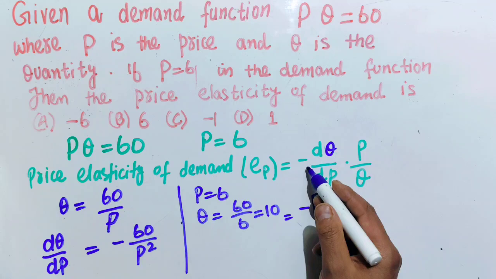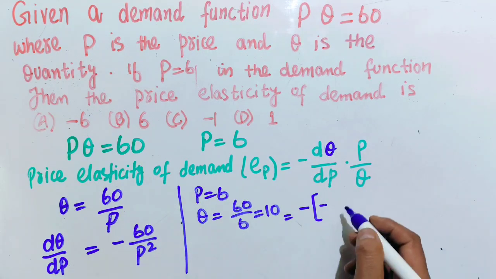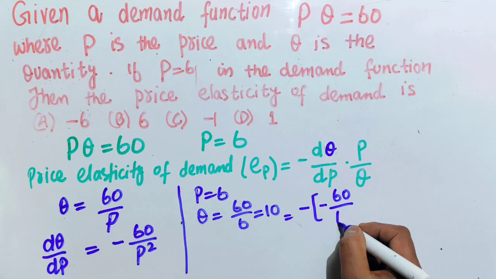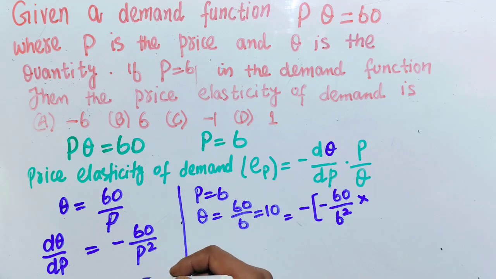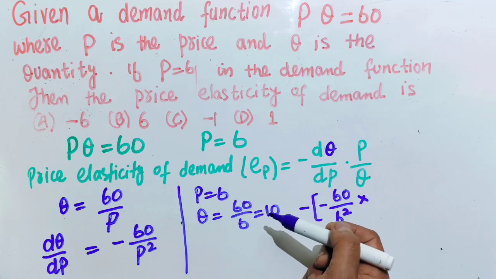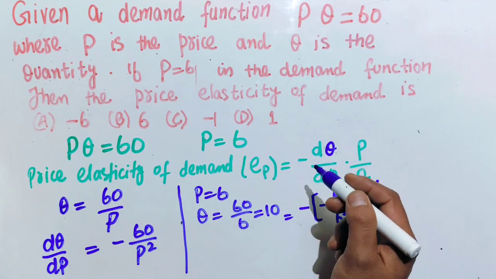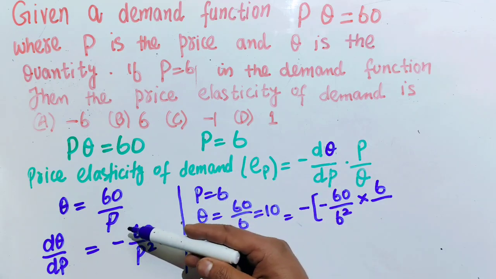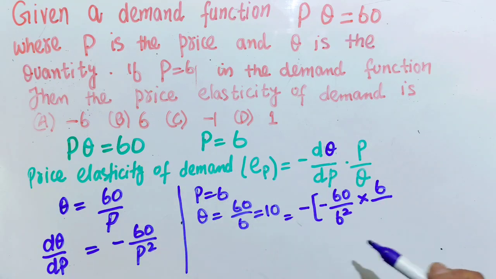So elasticity of demand is equal to minus dQ upon dP, which came out to be minus 60 upon P square, that is 6 square, into price, which is given as 6, divided by Q, which is equal to 60 upon P. So Q is equal to 10, we know it is 10.